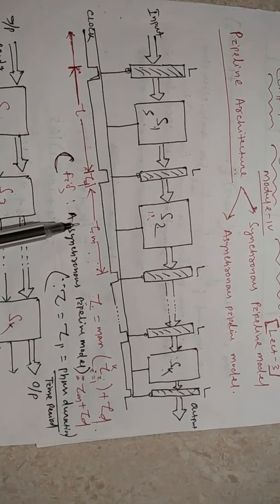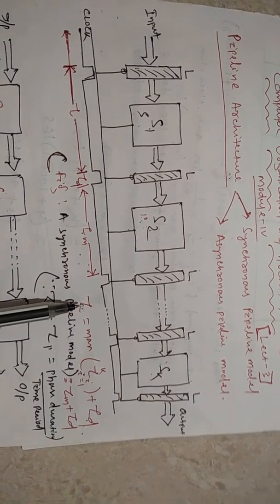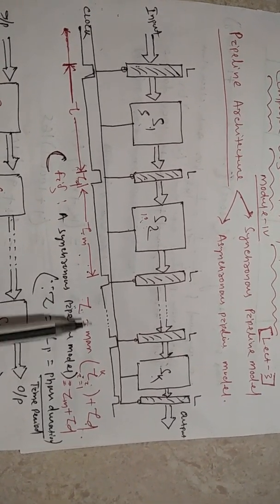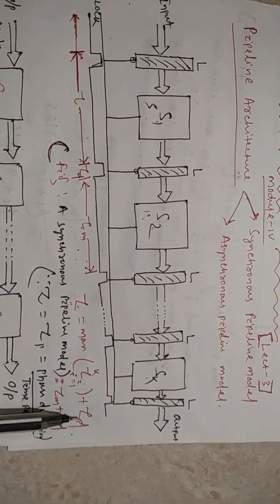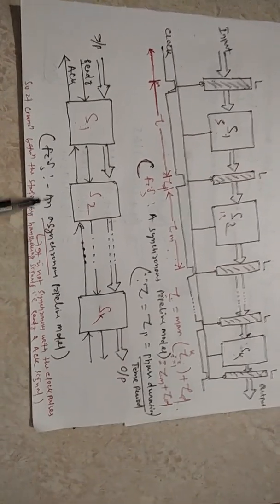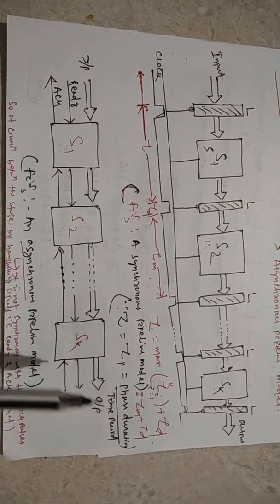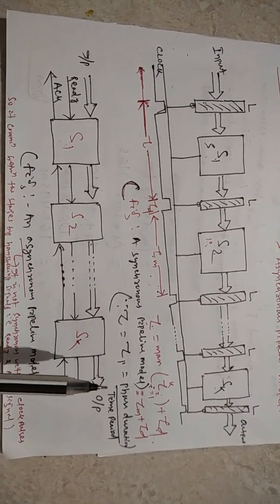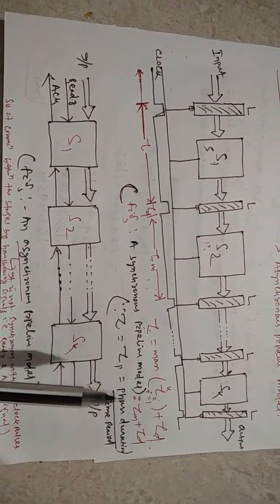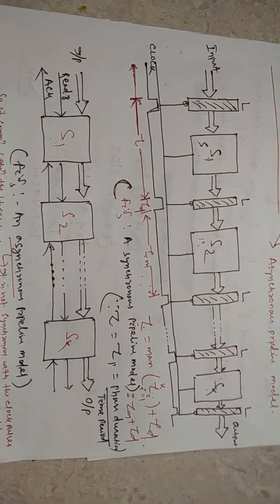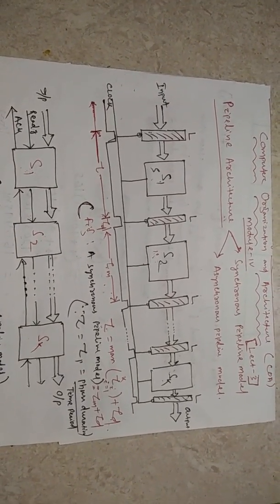Here the total time period is equal to the maximum phase duration plus latch delay. The asynchronous pipeline does not work on the principle of clock pulses; it works on the principle of handshaking signals, and these two handshaking signals are the ready signal and the acknowledgement signal. So this is all about your pipeline architecture types.